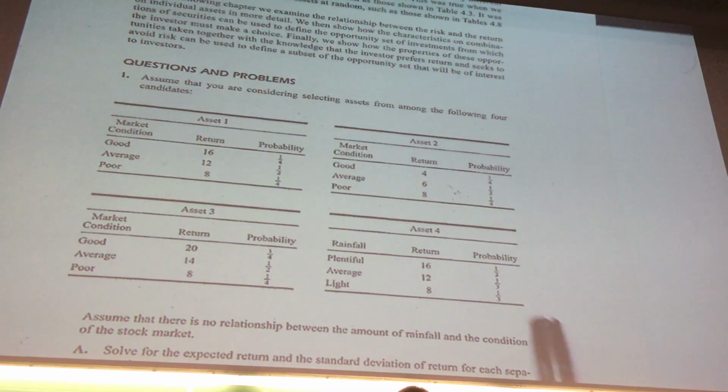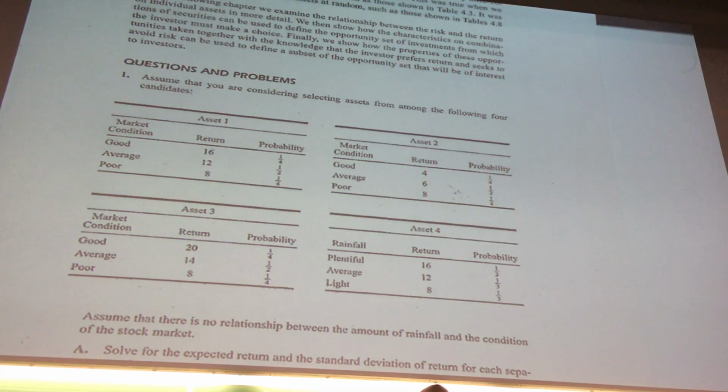In this case you have different probabilities. Any guess? Read the question carefully. If you look at the sentence, assume that there is no relation between the amount of rainfall and the condition of the stock market. That means the answer is 0. That's it.